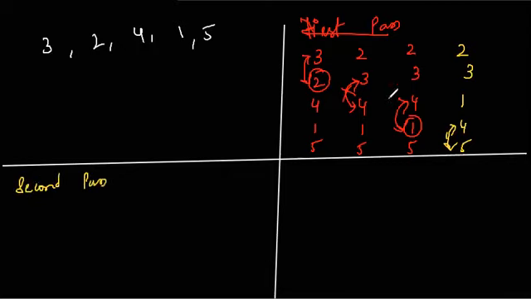In the second pass, again we will start from the first element. We write our list as it is, 2, 3, 1, 4, 5. Now compare 2 and 3. We don't require any swapping, we leave it as it is. Then, 2, 3, 1, 4, 5. Now we have to compare 3 and 1.